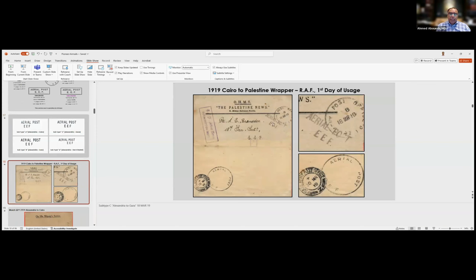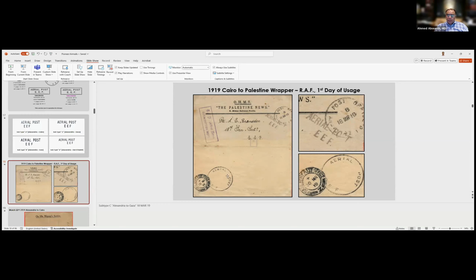This is a wrapper on the first day of use, and it has the unboxed cachet, and you'll notice how it's shifted. So this was sent to Gaza on the 18th of March.